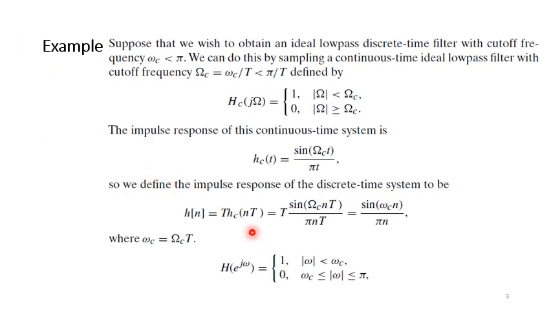So the desired frequency response is given by this equation, which is simply the Fourier transform of this one. Okay, taking the Fourier transform of this will result in this, and we have H of e^j omega, which is the frequency response of the discrete time low pass filter, equal to 1 when the absolute value of omega is less than the cutoff frequency and 0 otherwise.